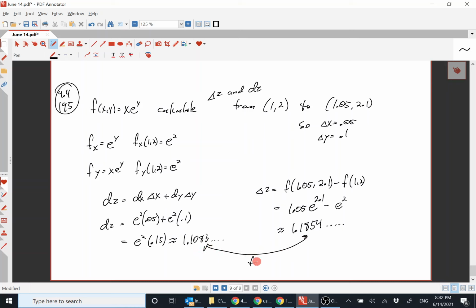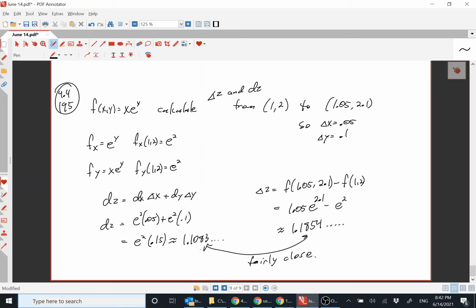So these are fairly close. So that's the change in z of the function compared to the change in z along the tangent plane.